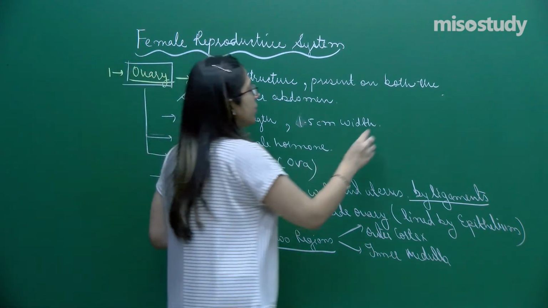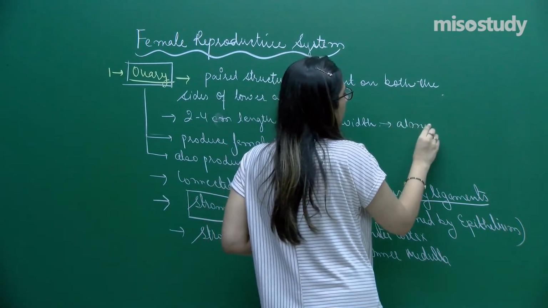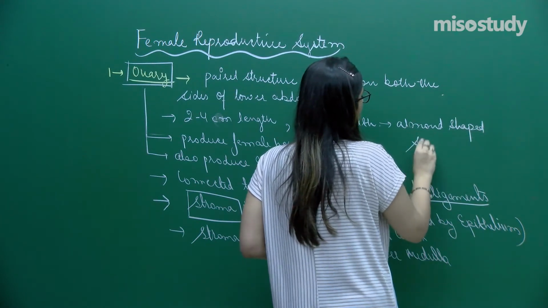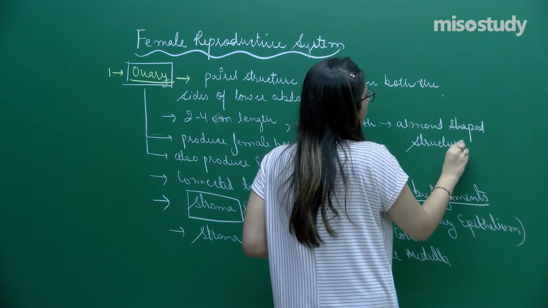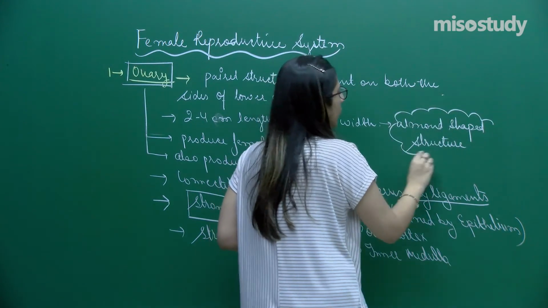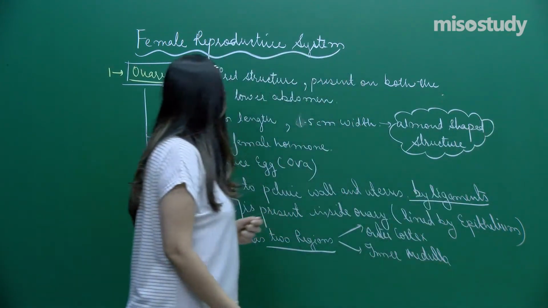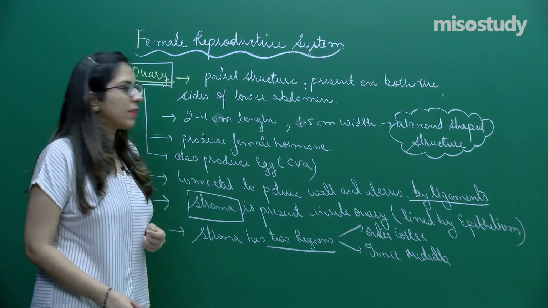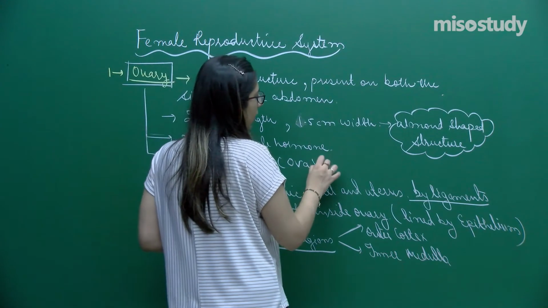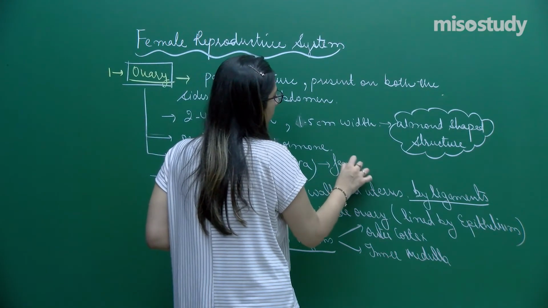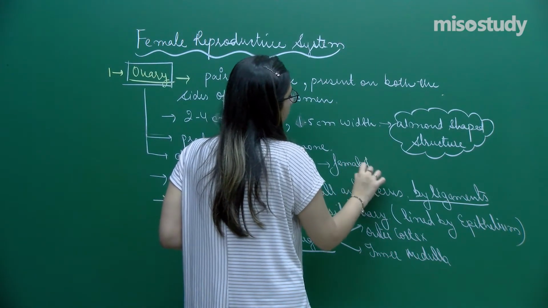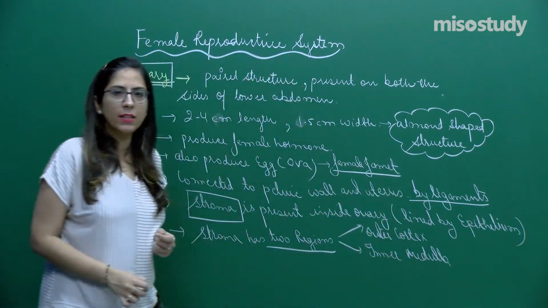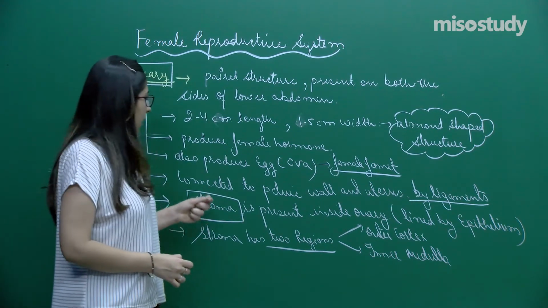They are almond shaped structures. They produce the female hormone. They also produce egg, which means ova. They are also called the female gamete. In case of male, the male gamete, we have already studied, is the sperm.